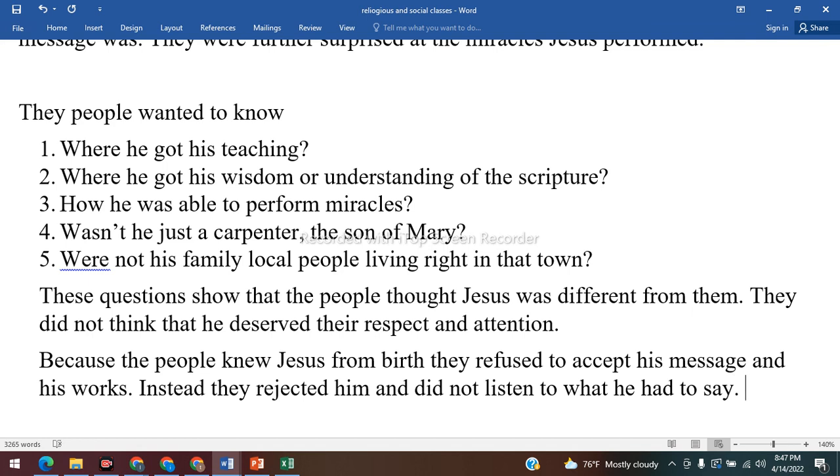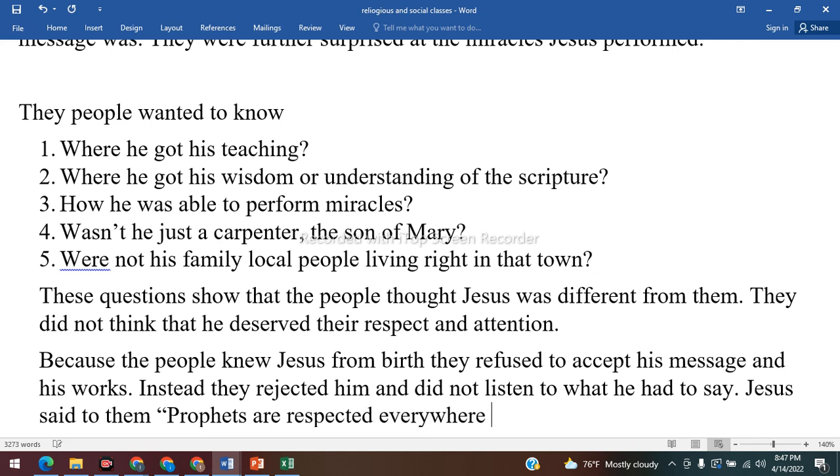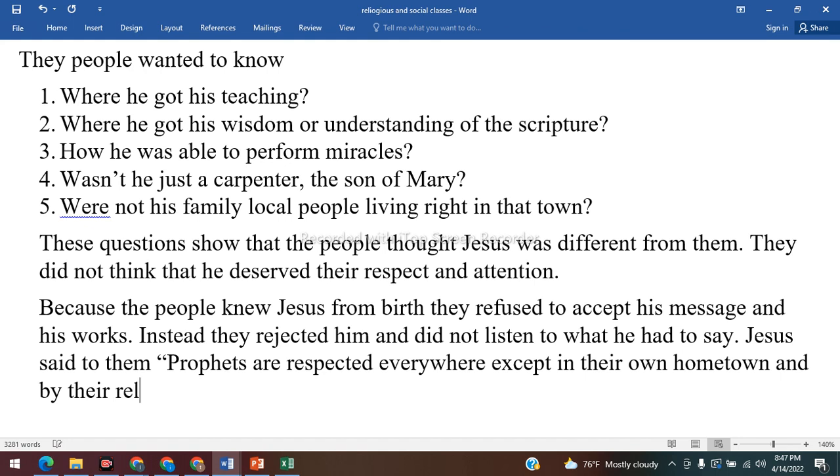So how did Jesus respond to all this? Jesus said to them, prophets are respected everywhere except in their own hometown, and by their relatives and family.